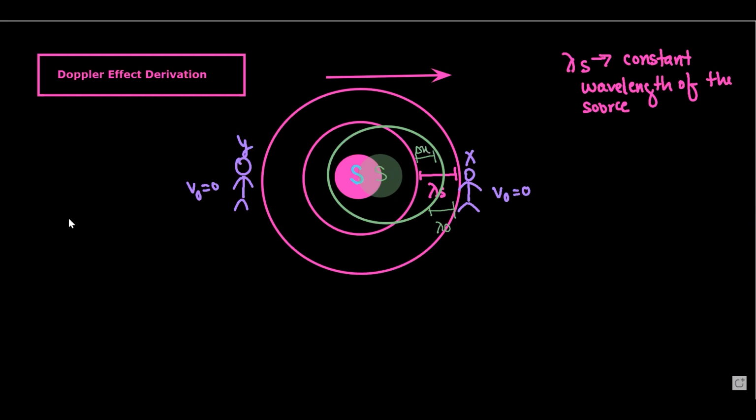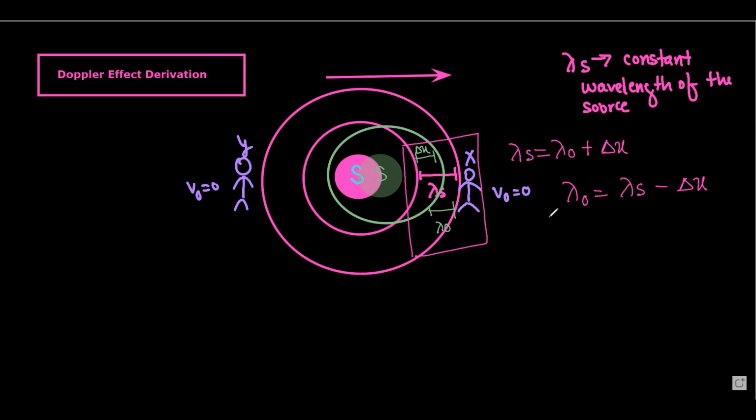We can therefore combine these three variables, lambda naught, lambda s, and del x, into one single equation: lambda s is equal to lambda naught plus del x. If we subject lambda naught, it's going to be lambda s minus del x. Let's recall what these variables are.